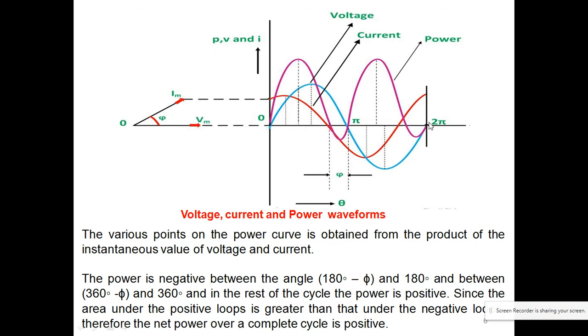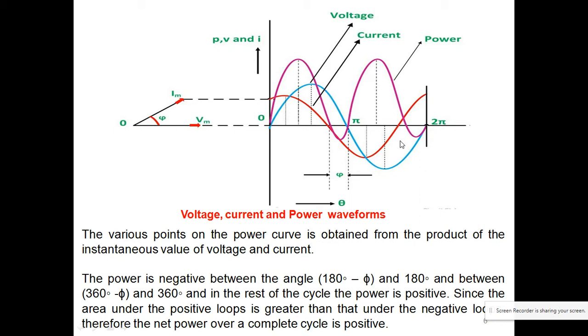The full cycle is 360 degrees or 2 pi, so the remaining is 360 minus phi. This angle is phi, the phase difference we are maintaining here. So this portion is negative, and this is one negative. For the remaining part, the power is positive.